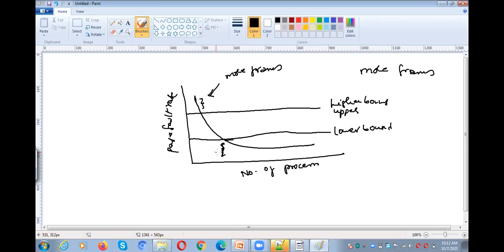Whenever some process's page fault rate is under the lower bound, what do you need to do? You need to reduce the number of frames allocated to that particular process. Why? Because their page fault rate is already below the lower bound. That means they already have enough pages in the main memory.